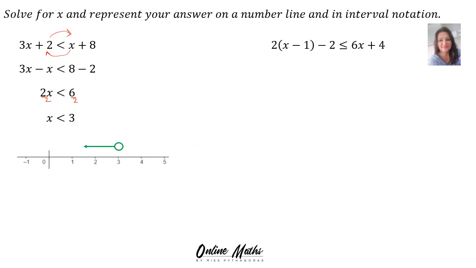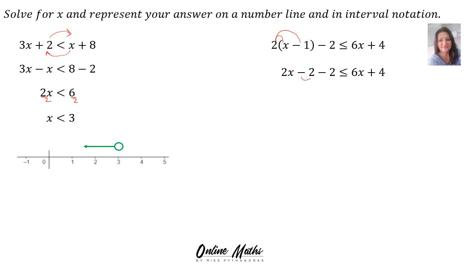The second one, remember I said you deal with the inequality exactly the same way you would solve the equation. So therefore, you will get rid of the bracket first. We will multiply in the 2 and it becomes 2x minus 2 smaller or equal to 6x plus 4.